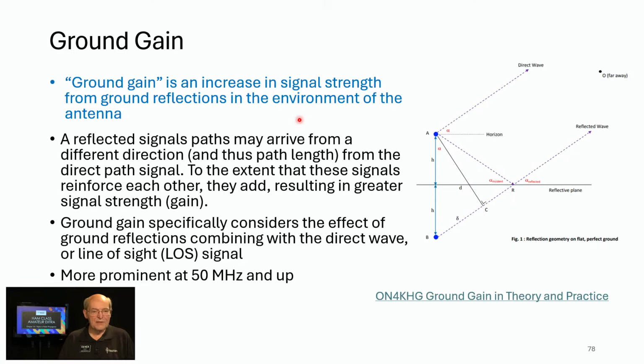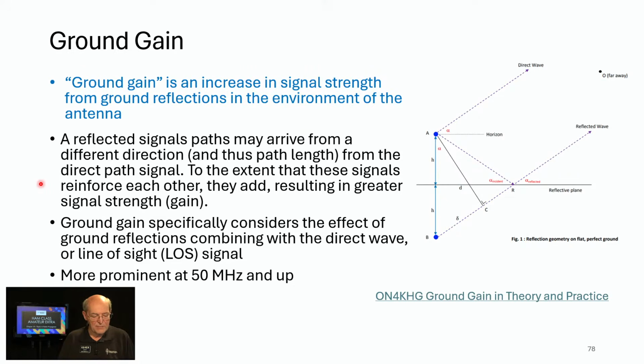Now that can be constructive or destructive. What that means is the signal might be improved, coming at you from two different directions, or it could be partially canceled. In ground gain, it's the improved side of that: an increase in signal strength from the ground reflections in the environment of the antenna. So constructive addition of two signals arriving at the same point.